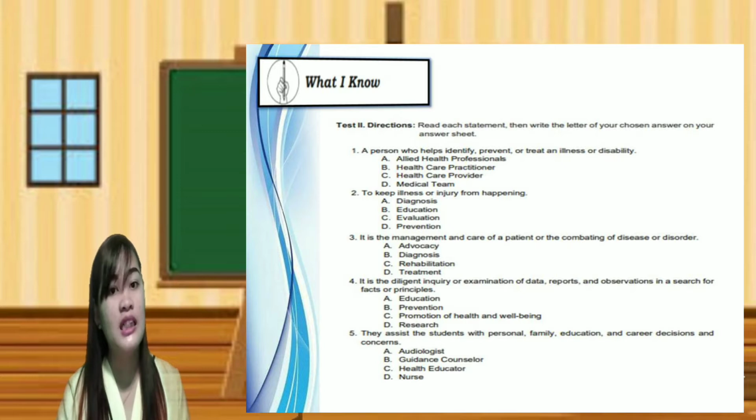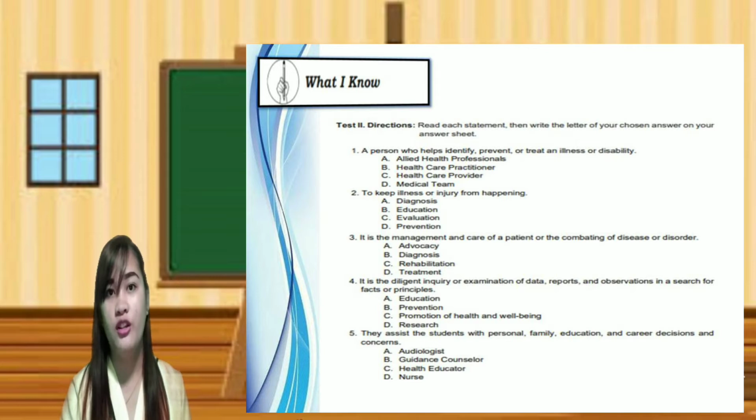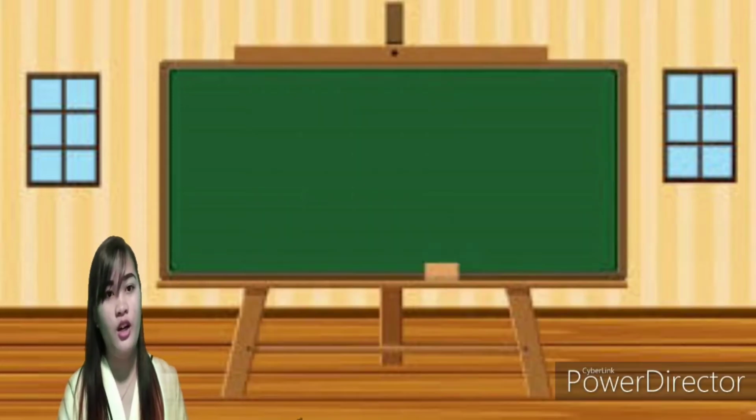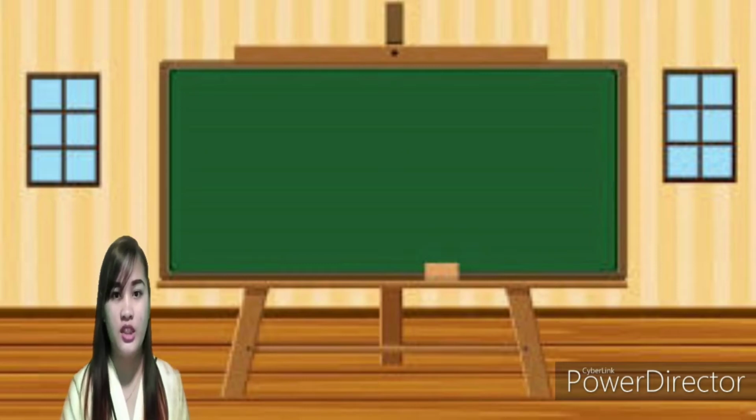Directions. Read each statement, then write the letter of your chosen answer on your answer sheet. If you're done answering the what I know activities, later we will check your answers. So now let's proceed to the next activities.